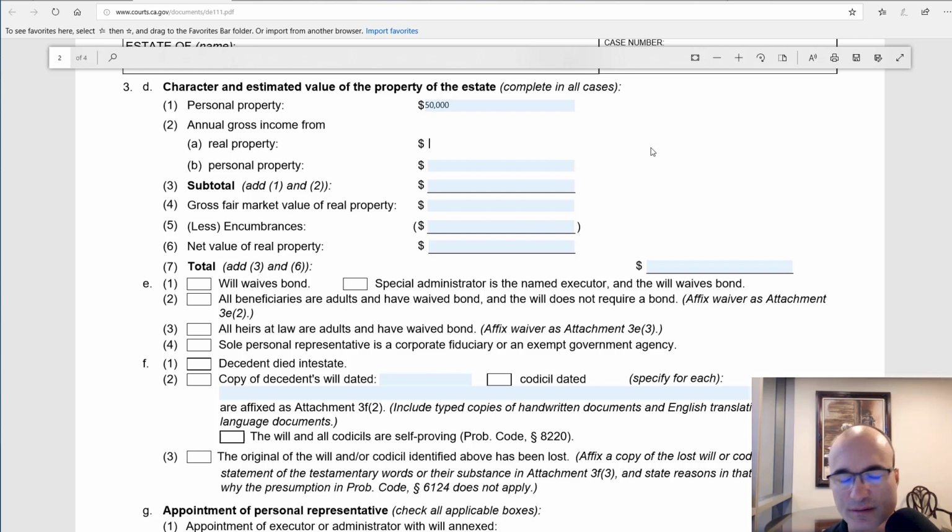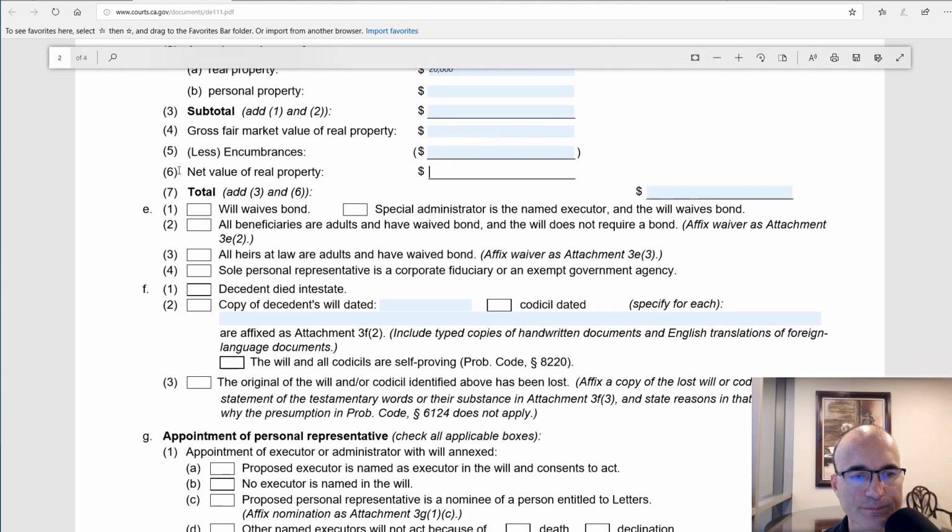This is just to kind of get the ball rolling, to get everybody an idea of how much property there might be in this estate, especially the creditors, because a lot of creditors want to know, can I collect from this estate? So you'll just fill in the appropriate information. For real property, for example, you can go to Zillow, get some values, and just fill it in as best you can. And then you'll total it down here at the bottom.